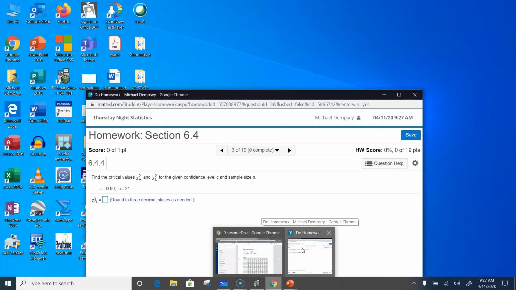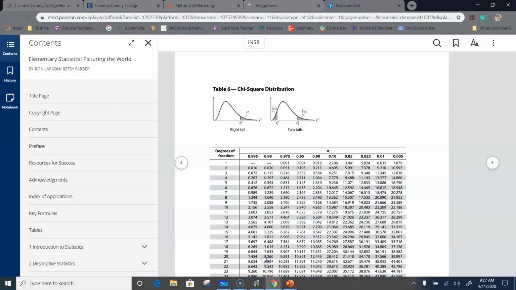So we have 20 degrees of freedom, and then we're going to have 5% in each tail. If I go out to find my chi-squared right, there would be 5% in that tail. So that would be 31.41.